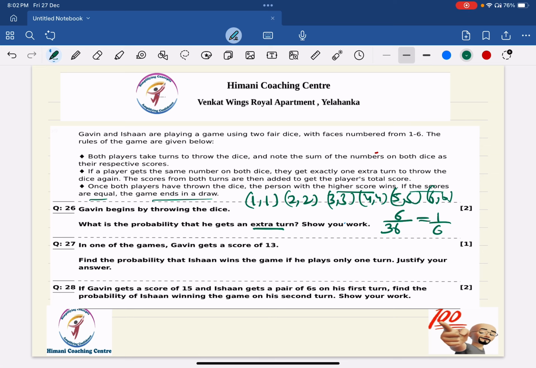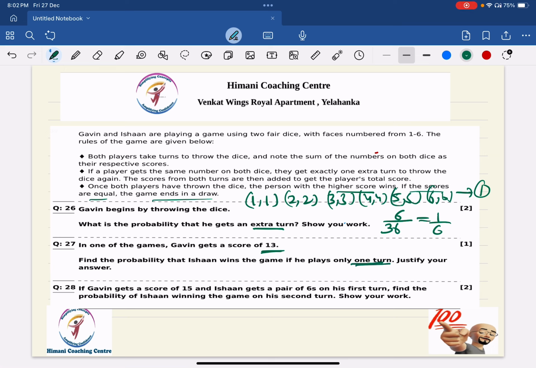Students, remember they said show your work. So 1 mark would be for showing these favorable outcomes and the table, which you will have to make. Now the next question is: in one of the games, Gavin gets a score of 13. Find the probability that Ishan wins the game if he plays only one turn.